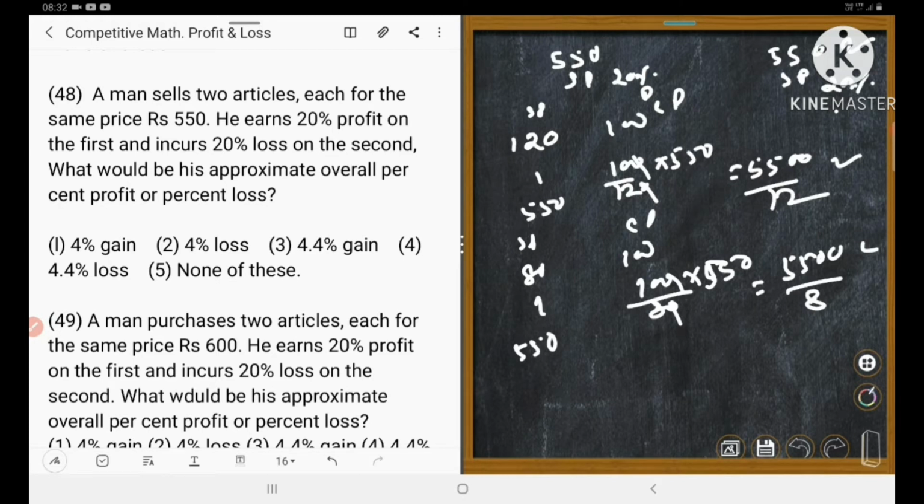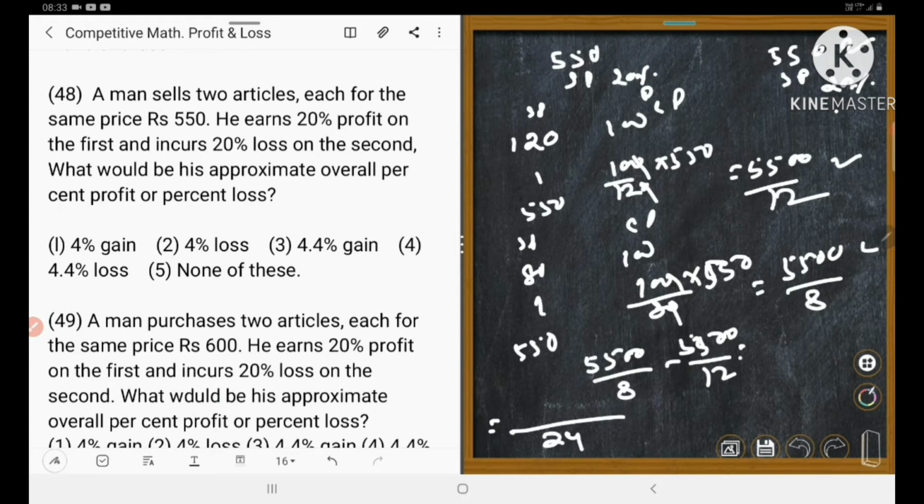Could you understand? 5500 upon 8 minus 5500 by 12 is equal to that is 24. 24 divided by 8 is equal to 3.